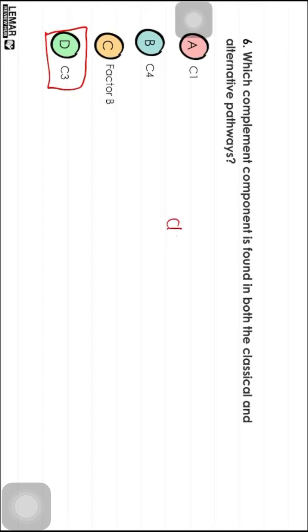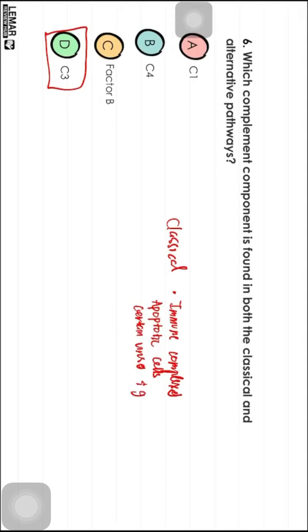The classical pathway is initiated by immune complexes, by apoptotic cells, by certain viruses, by gram-negative bacteria, and by C-reactive protein that is bound to a ligand.